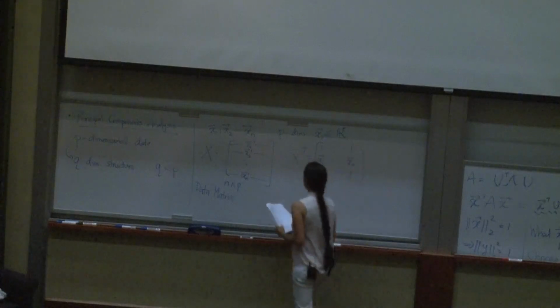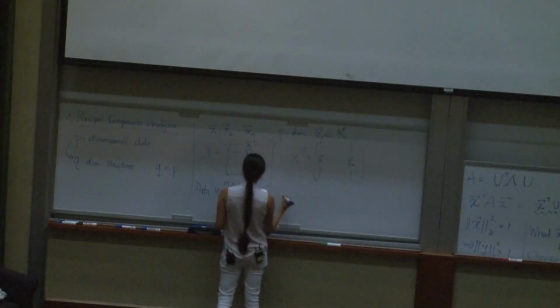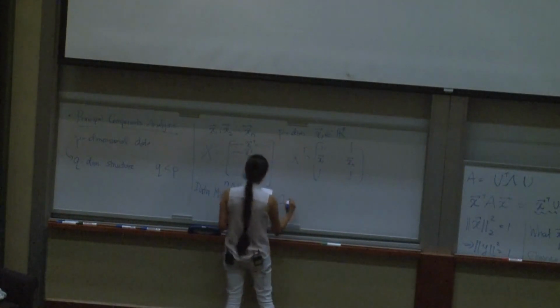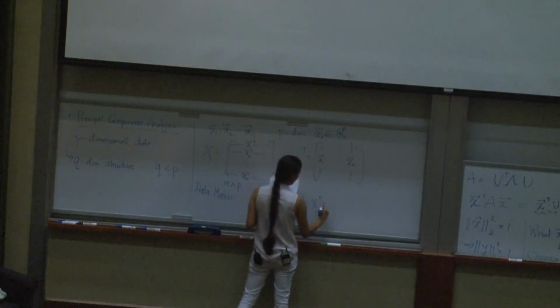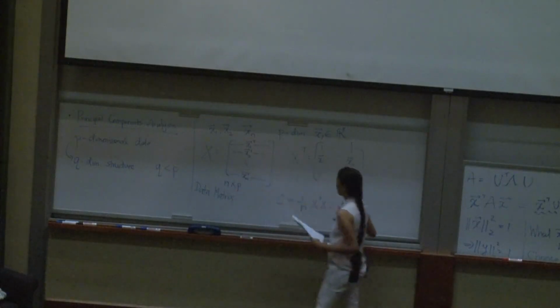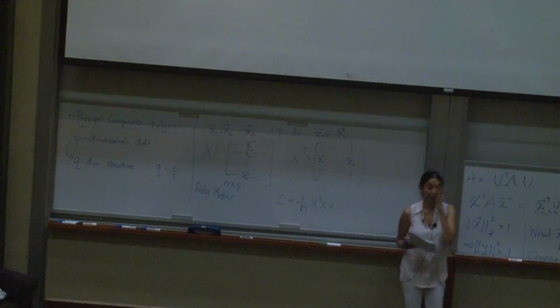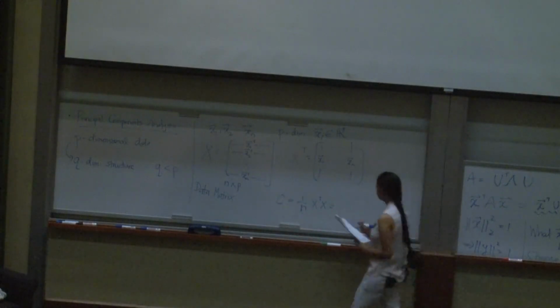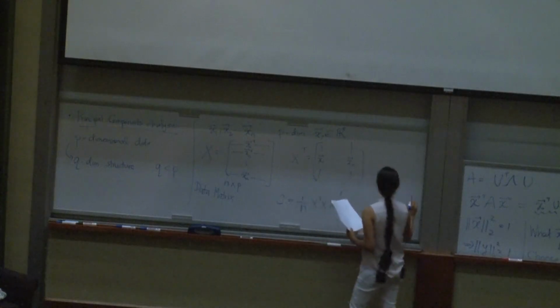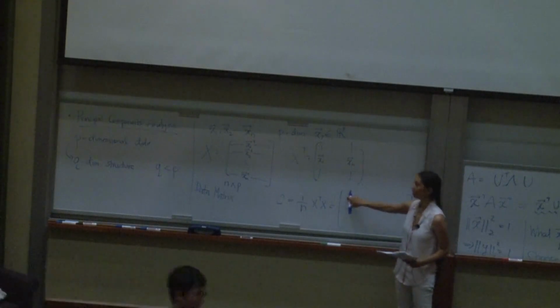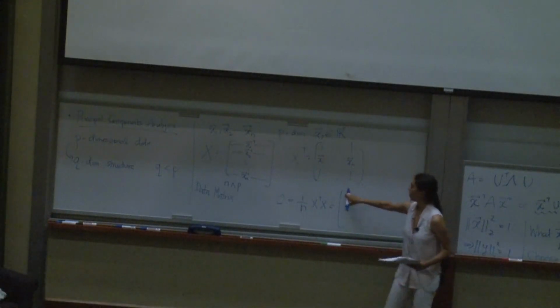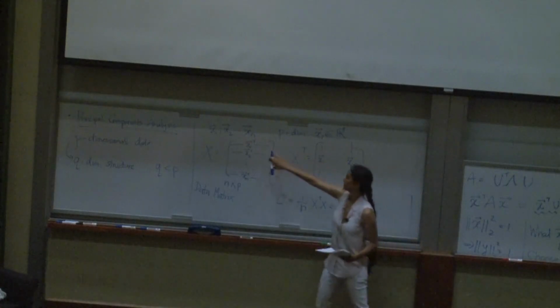Okay? And for this, I define C is equal to 1 over n times X transpose X. This matrix ends up being particularly valuable. When I write this as X transpose X, what's the first entry that I get? I get this times this.